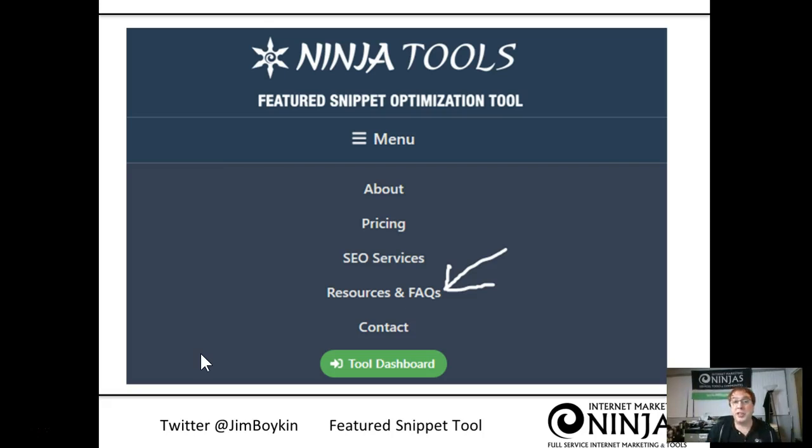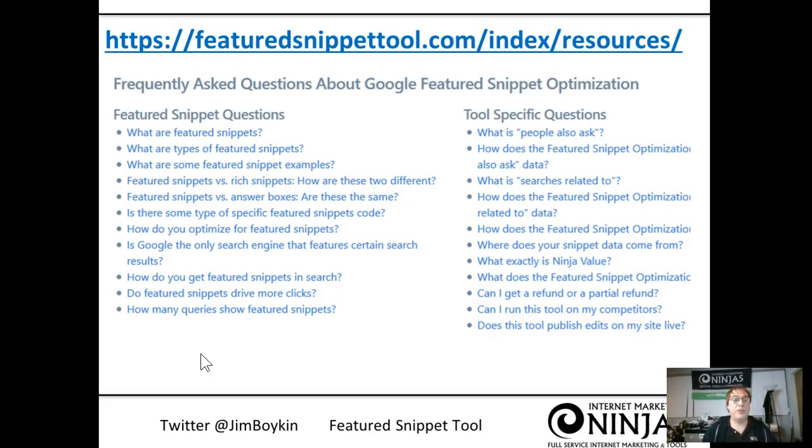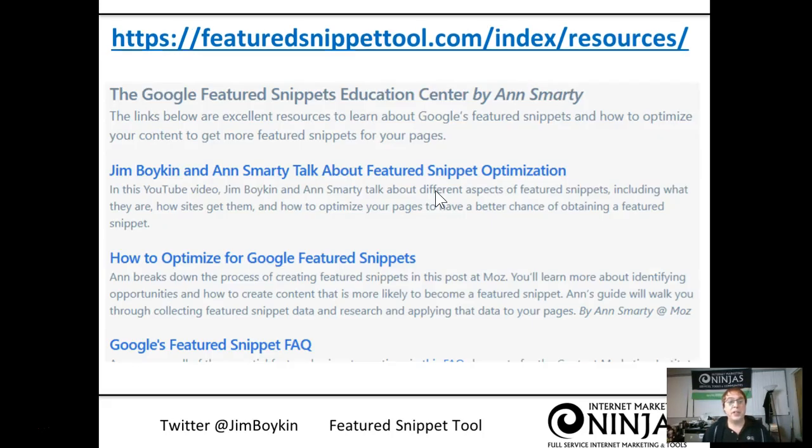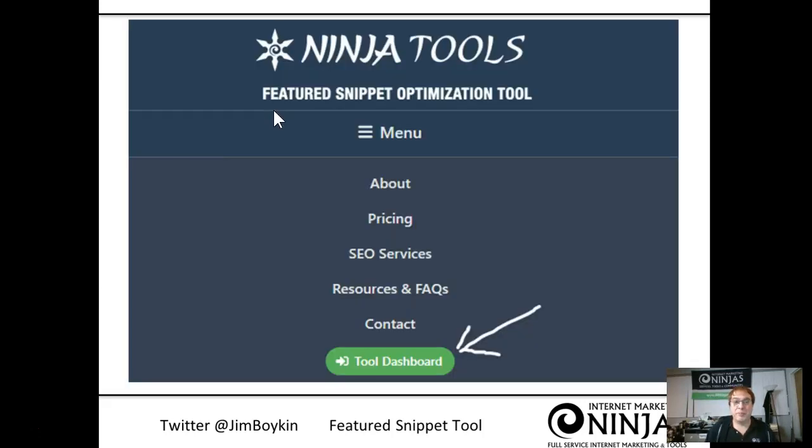We have featured snippet questions, all sorts of information about that, and specific tool questions. We also have the Featured Snippet Education Center by Ann Smarty, where we have videos and blog posts and all sorts of information on how to optimize for featured snippets if you don't know how yet.